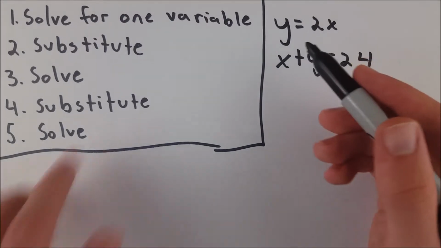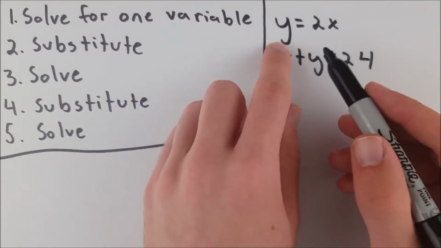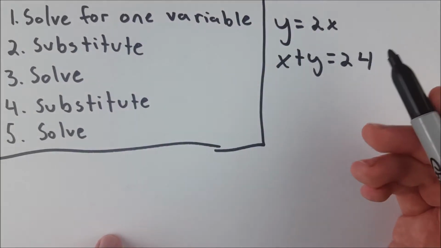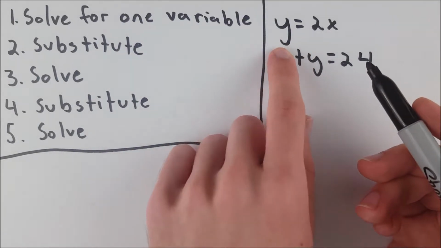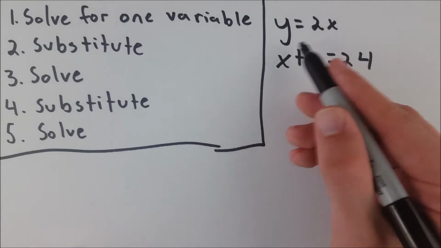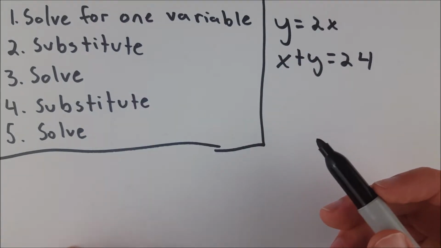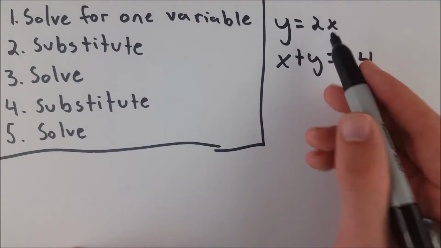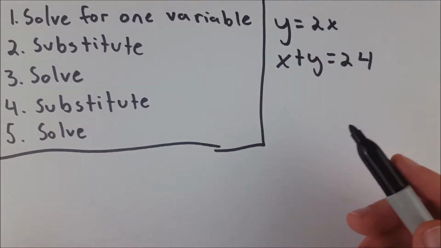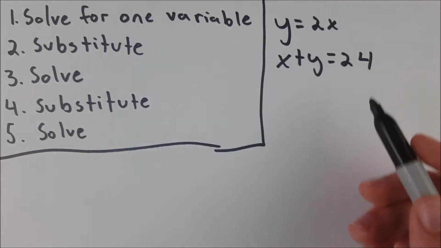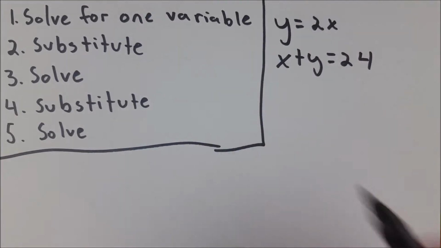So here we already have an equation that is solved for one variable, because the only thing on this side of the equation is y, so we know that y is equal to 2x. Alternatively, we could divide both sides by 2 and solve for x, but this is given to us, so we'll just use y because that will be easiest.